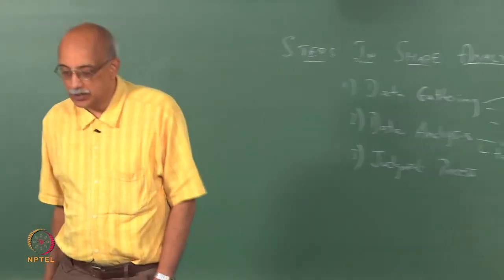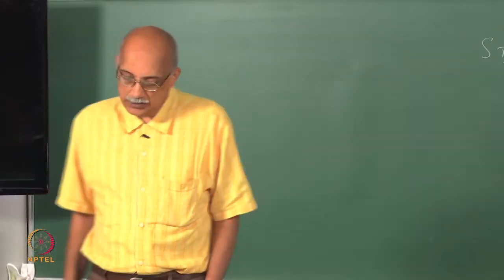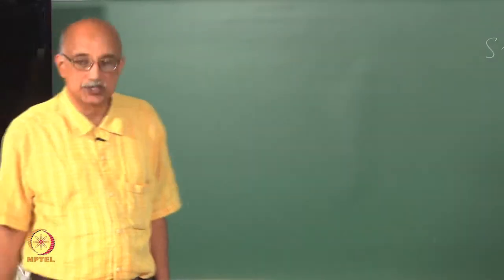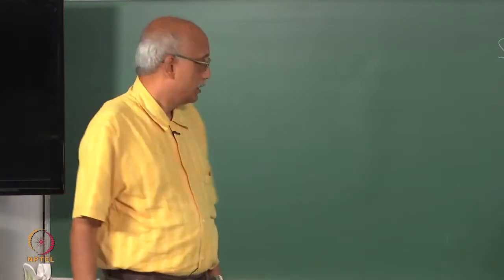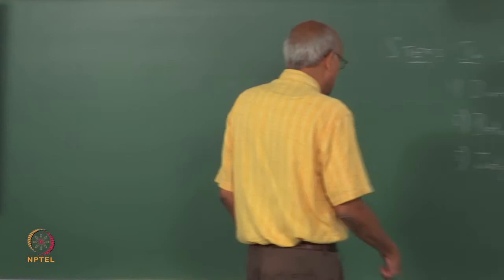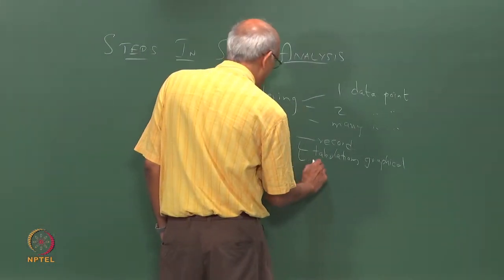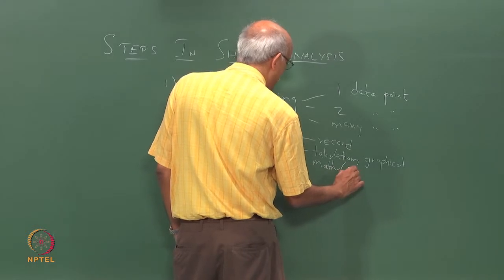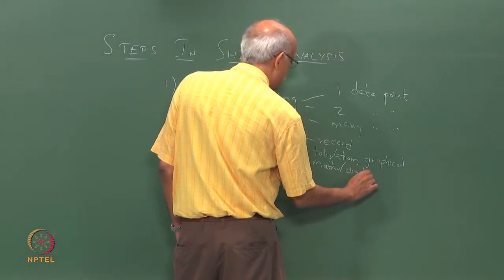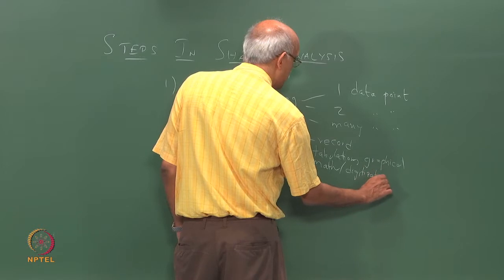So, whether you tabulate or graph, it's an additional sophistication in your shape analysis process. And then the third part, or again what is done today, is mathematical analysis and digitization, curve fitting, and so on.